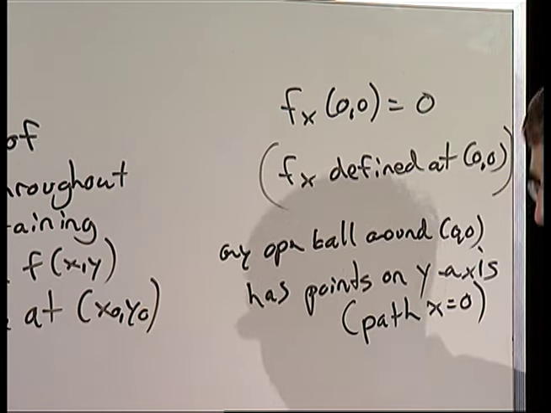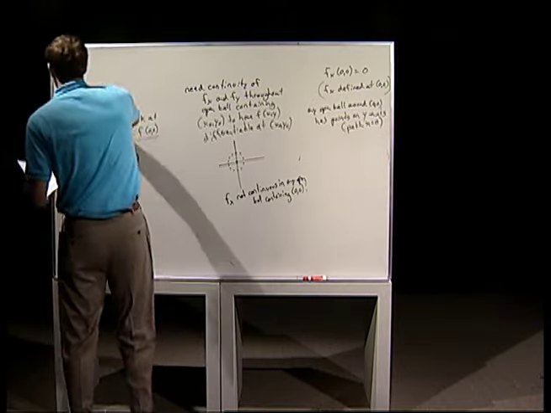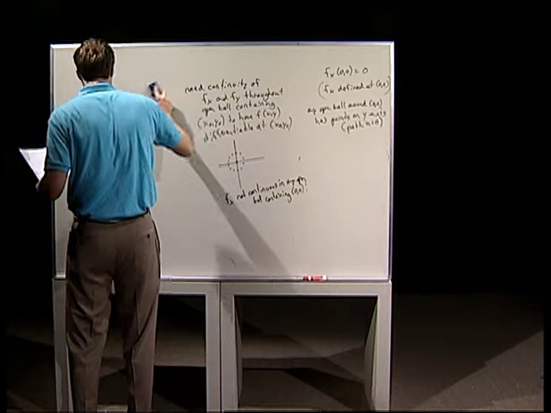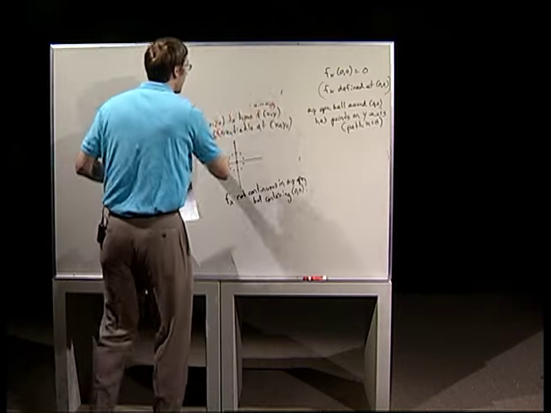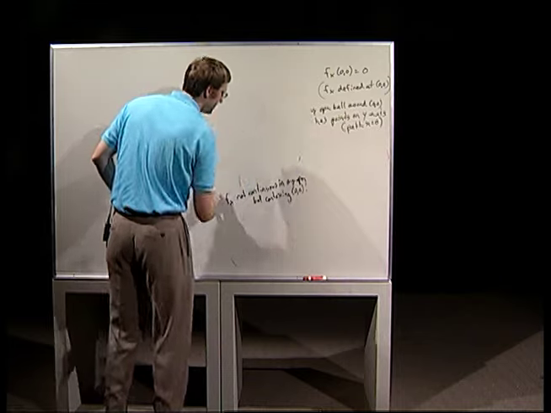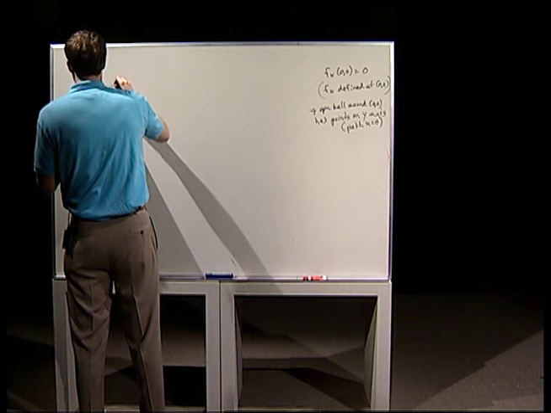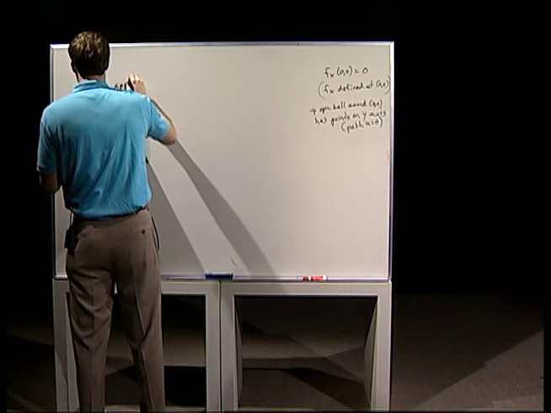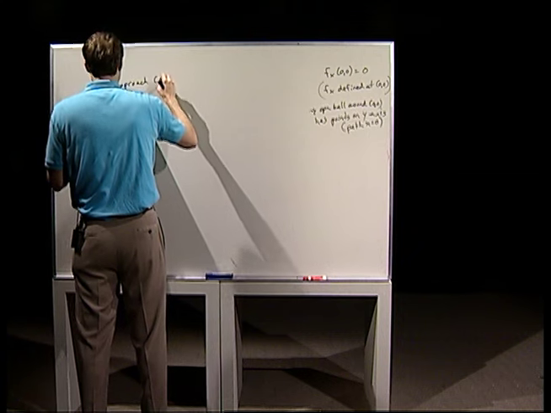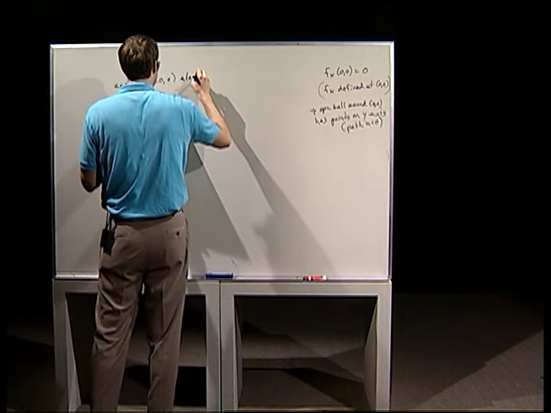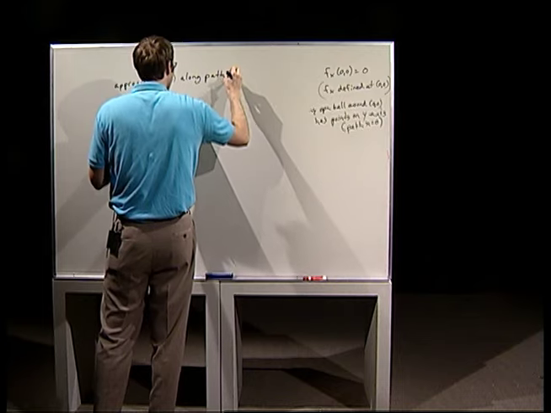Right? Now, let's consider approaching the point (0,0) along this path. So let's approach (0,0) along the path x equals 0.